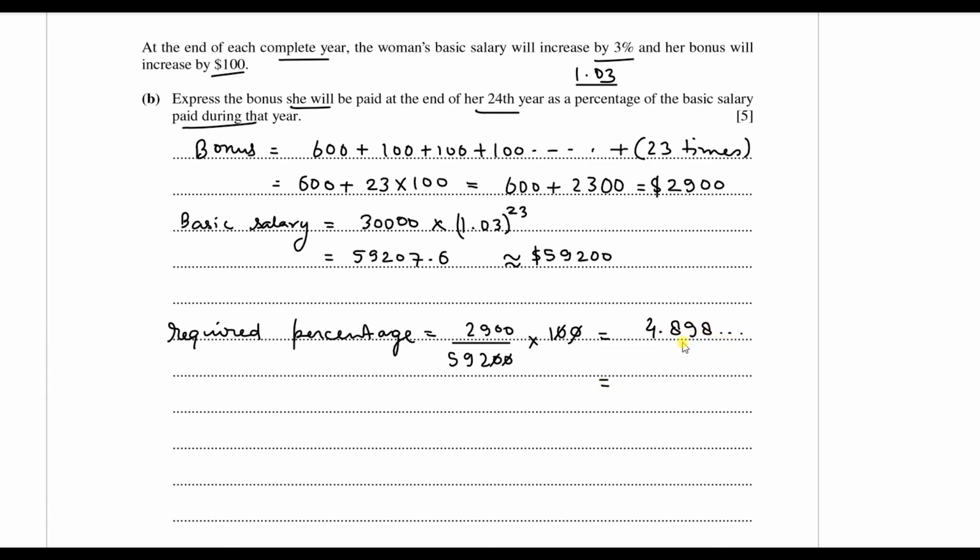To 3 significant figures, we round up, 4.8 and 9 plus 1 is again 9 and so on, so it is going to be 4.9%. So the answer is 4.9%. I hope it is clear. Let's start the next question.